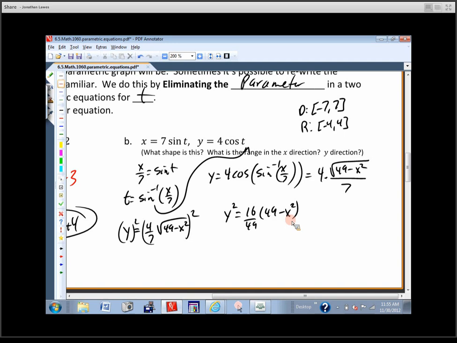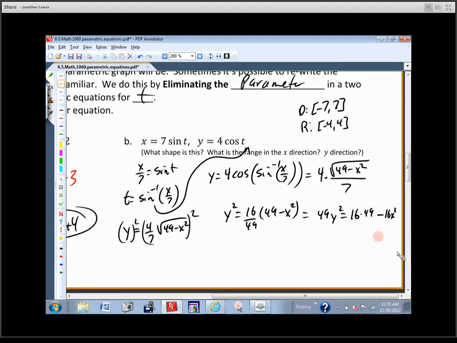Just to make things a little nicer, I'm going to multiply both sides by 49. So this is going to be 49 y squared equals 16 times 49, and then negative 16 x squared.